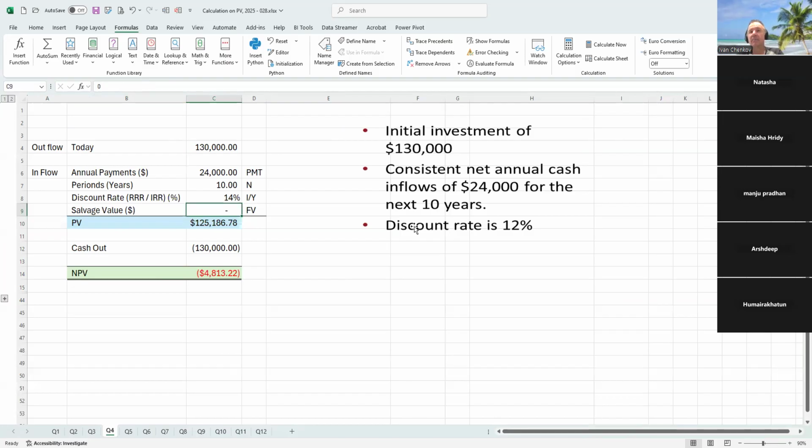Now, what does the negative mean? Negative simply means that with this project, we cannot reach a 14% return. You can reach anything else below 14, but not 14. So if you want a minimum of 14%, this is not the project that you have to invest in. If you want 15%, that definitely is not the project that you want to invest in.